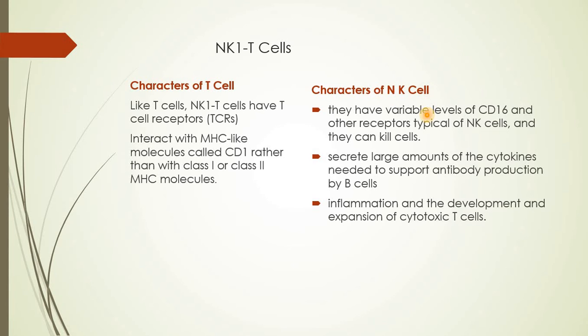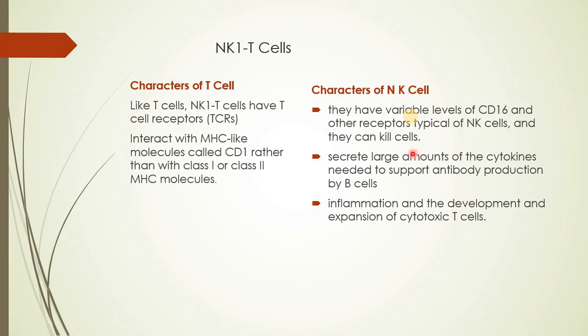Now, there are certain peculiar features which are seen only with the NK cells. Other than having the receptor molecules, these NK1 cells have a proteinaceous component which is identified as CD16. The second important feature is that these cells have the ability to secrete cytokines which help in activating the antibody producing cells, that is B cells.